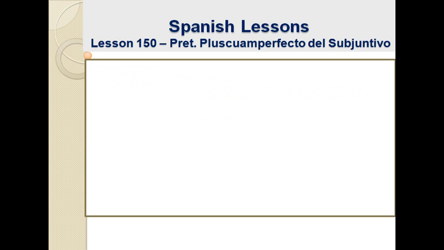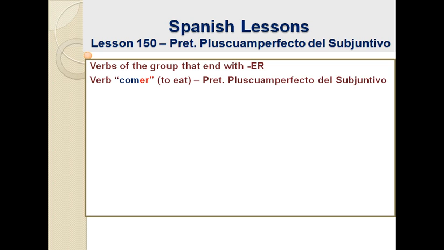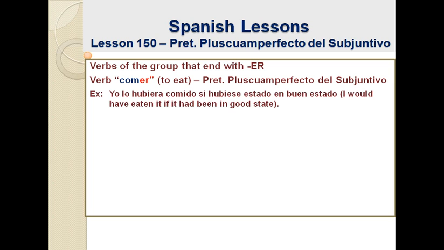Let's go to the second group of Spanish verbs, the verbs that end with er. The verb comer, or to eat, is a perfect example of a regular verb of this group. Let's see this example. Yo lo hubiera comido si hubiese estado en buen estado.